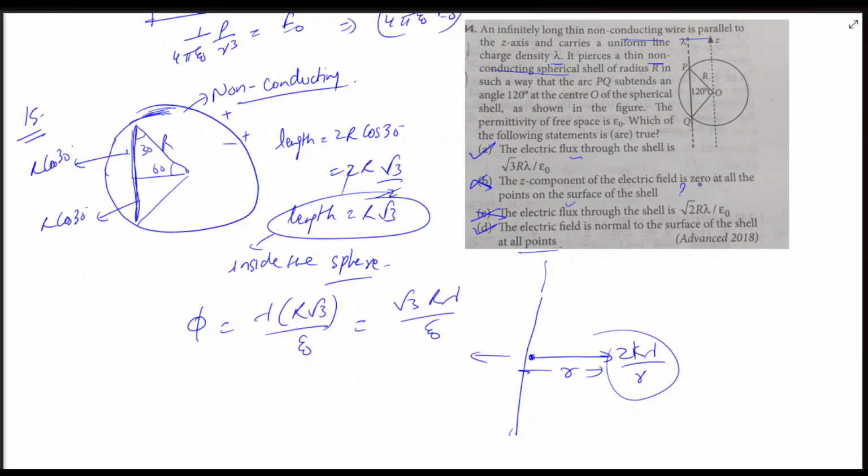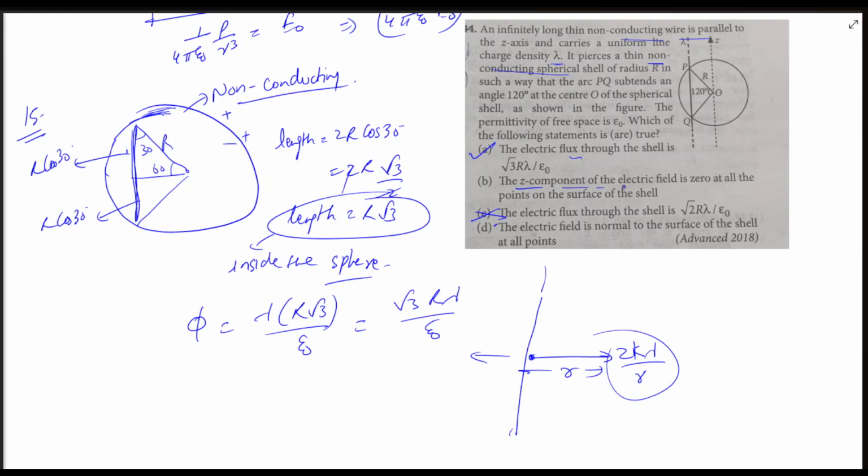The Z component of electric field is zero at all the points on the surface of the shell. Yes, so this is correct. The electric field is normal to the surface of the shell at all points. Wait. Okay, I have read these two points a bit incorrectly. The concept is right. Wait, I have to read them again.